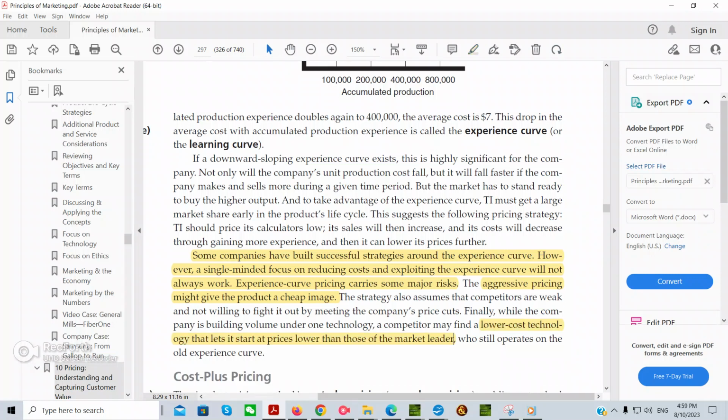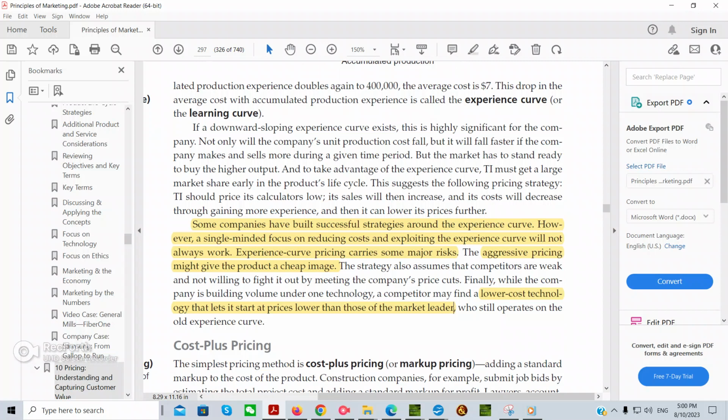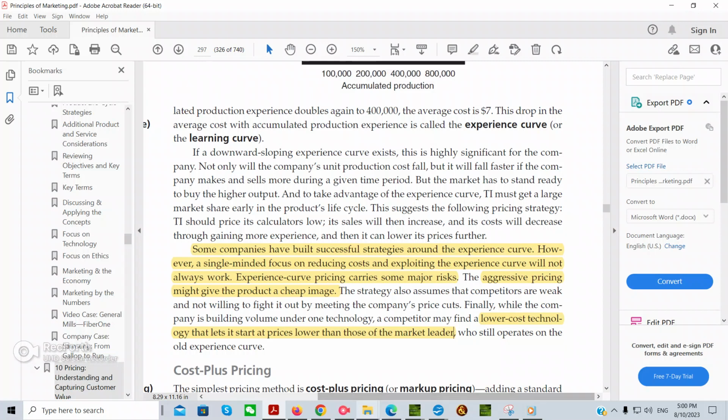So that's what's called a loss leader, meaning you're selling an item below break-even cost, which means you're selling it at a loss instead of at break-even.